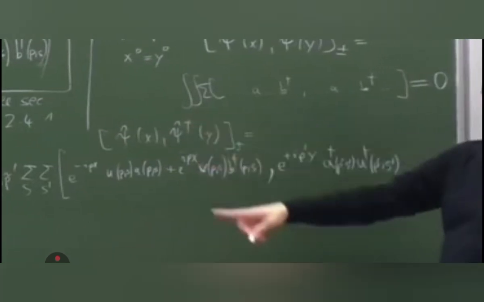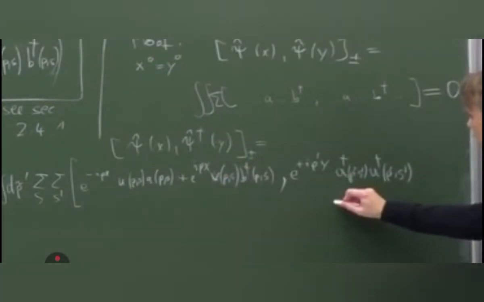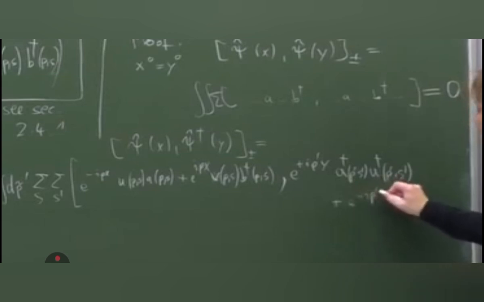So u dagger is the daggered spinor, a dagger is the daggered operator. And then plus e to the minus I p prime y, b without dagger, and v dagger p prime s prime. That is the commutation.